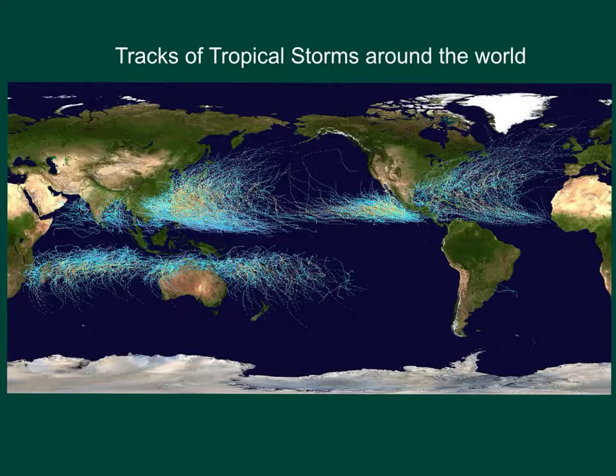These are the tracks for the tropical storms around the world over the past 20 years. As you can see, they are spread all around the world. In some places they have different names, as Johnny will explain. In America and around Europe and South America, they call them hurricanes.